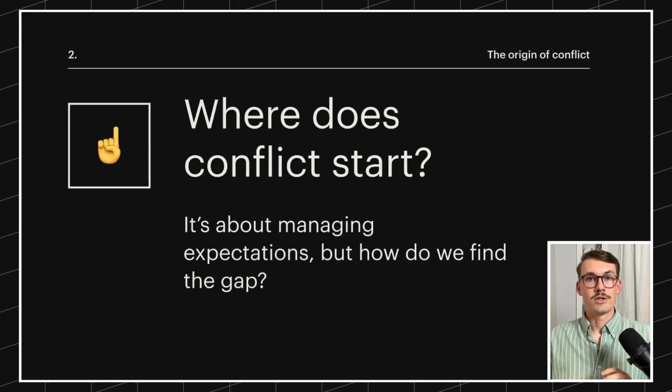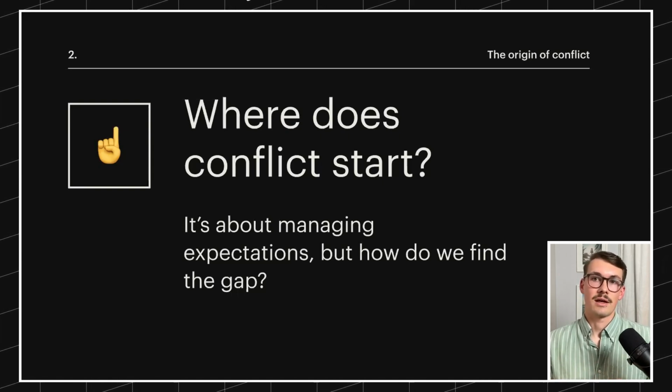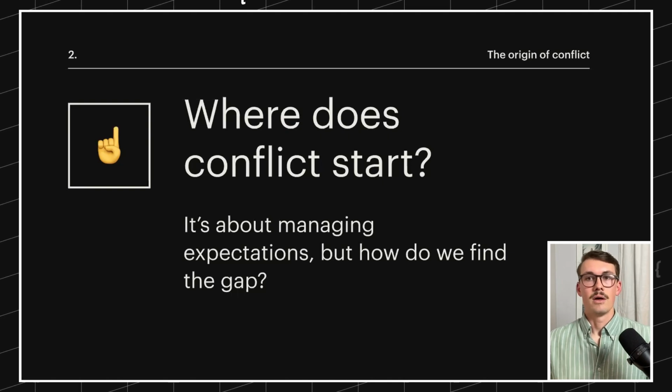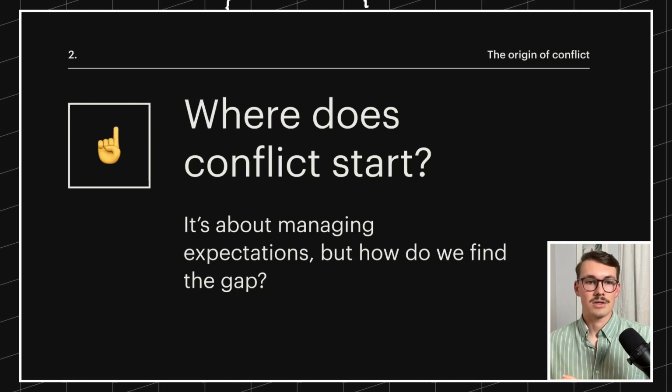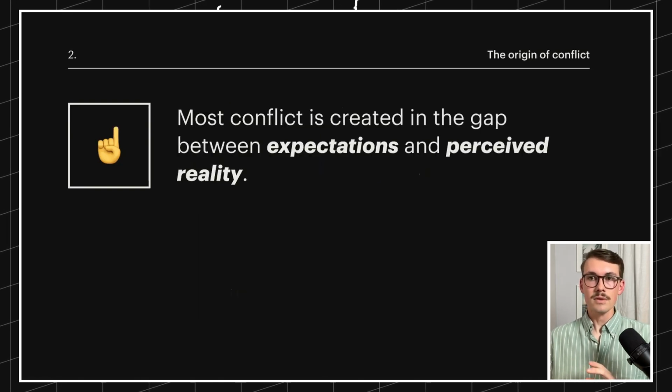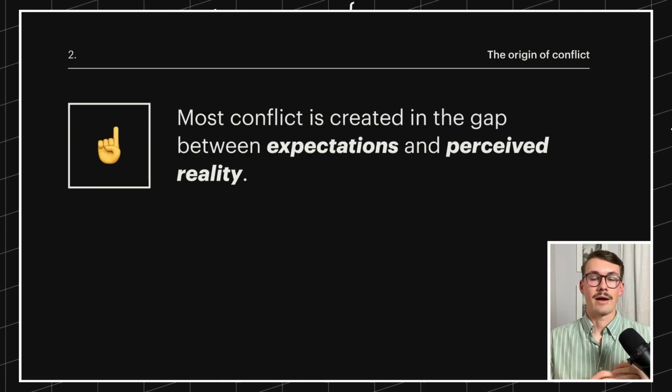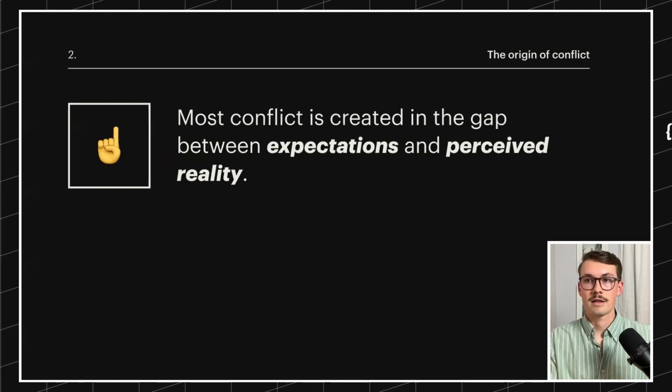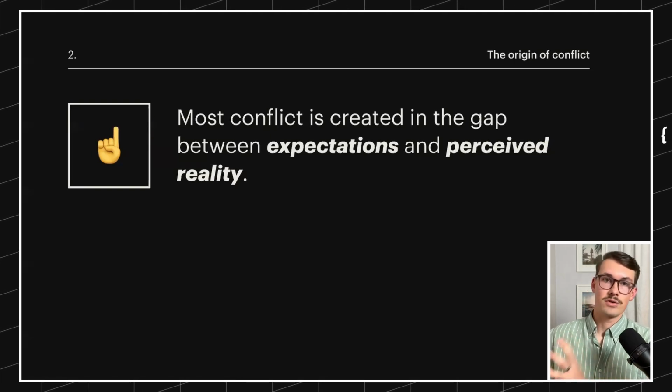So we just talked a little bit about managing expectations. And so I think a key point is most conflict is created in the gap between expectations and perceived reality. This is really important. It's the gap between our expectations or our client's expectations and the perceived reality.